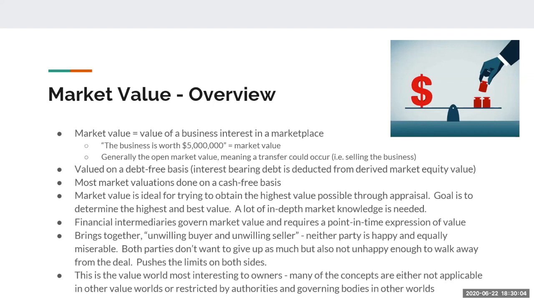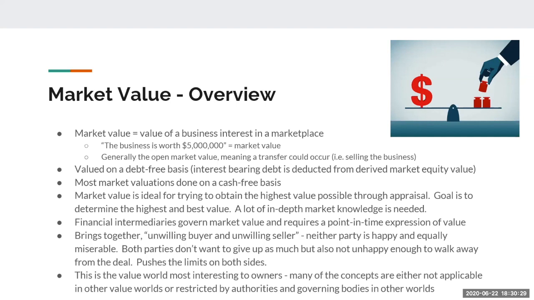There are very few who will pay a fair value or top dollar for your business. Because it is so individualized and specialized, as we've learned with private businesses, a lot of in-depth market knowledge is needed to evaluate or put a value on your business appropriately.